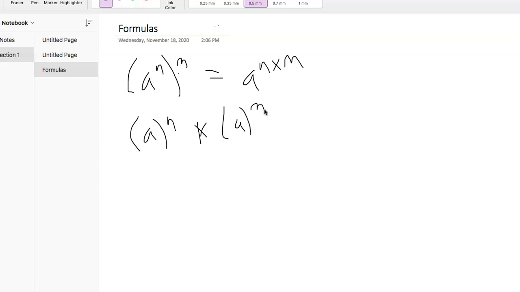These are two different things. These two things are not the same. So just remember, when you've got two exponents, one inside the parentheses, one outside of the parentheses, you multiply these two exponents together.